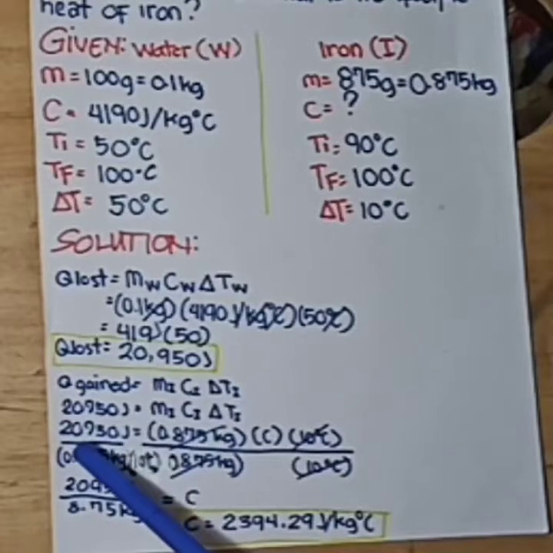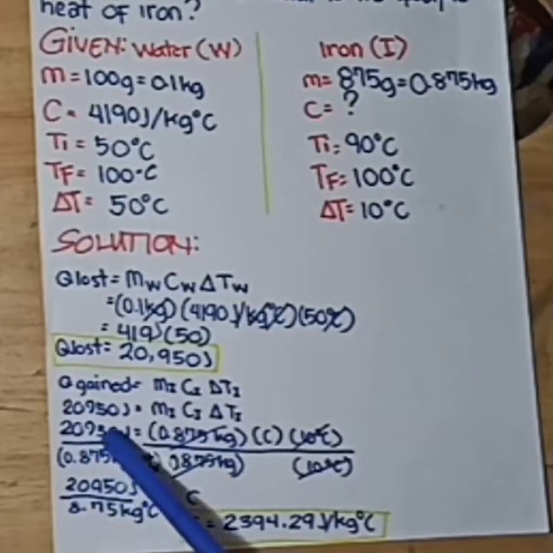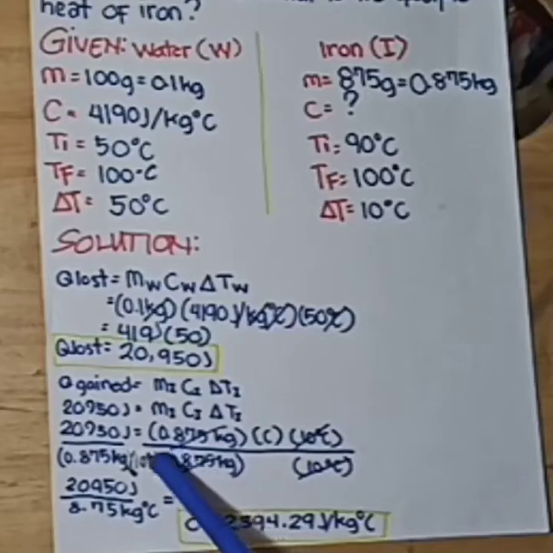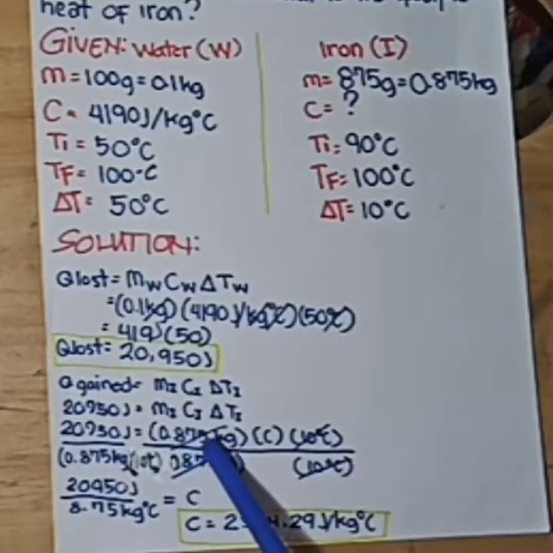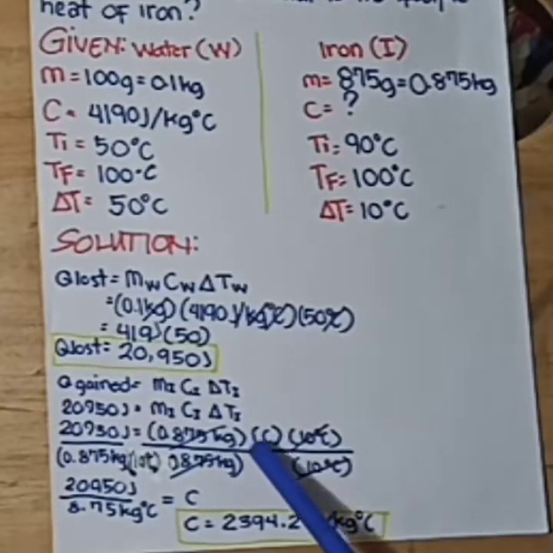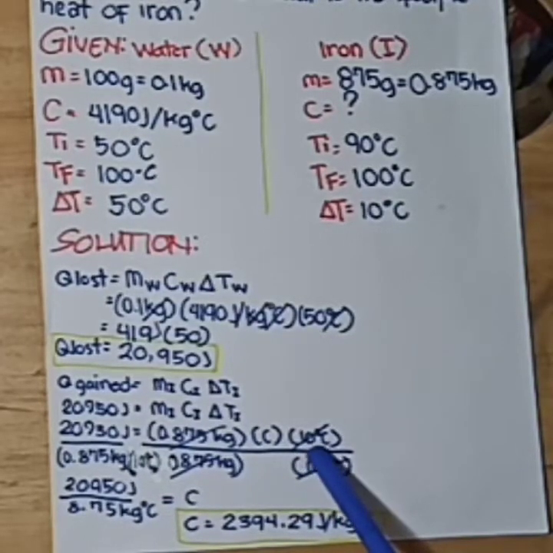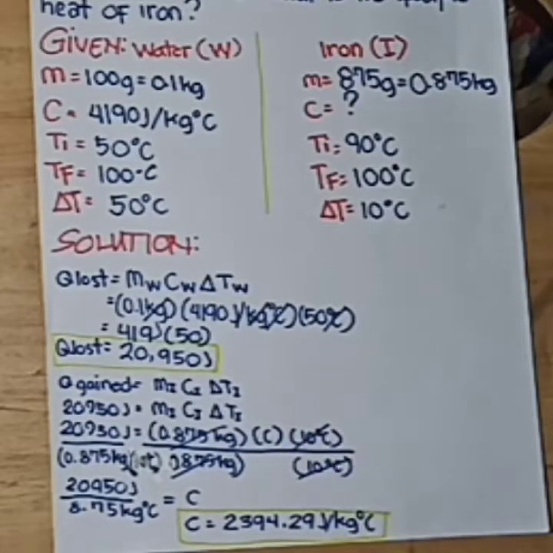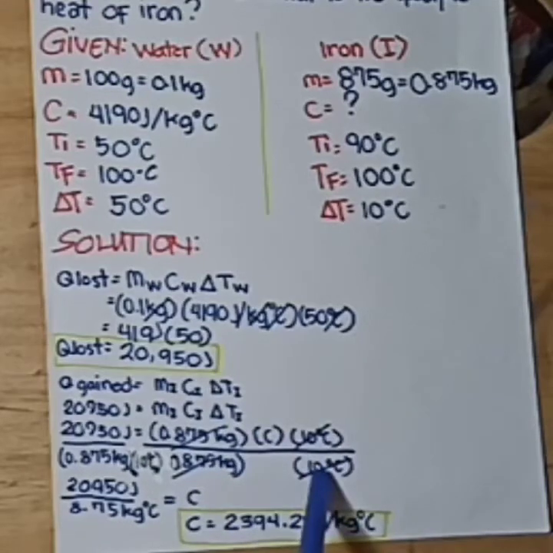So next we write 20,950 joules is equal to the mass of 0.875 kilograms times the specific heat times the 10 degrees Celsius change in temperature, over 0.875 kilograms and 10 degrees Celsius.